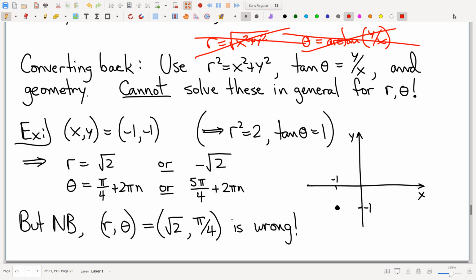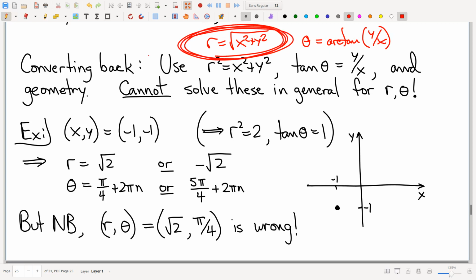Now, how do I know these formulas are not true? Let's take these one at a time. This one here, r equals square root of x squared plus y squared. The devil's in the details. This symbol right here, the square root symbol. Got to be very, very careful as to what this symbol means. This symbol does not mean whichever square root you feel like. It also does not mean both of the square roots of the number under the radical.